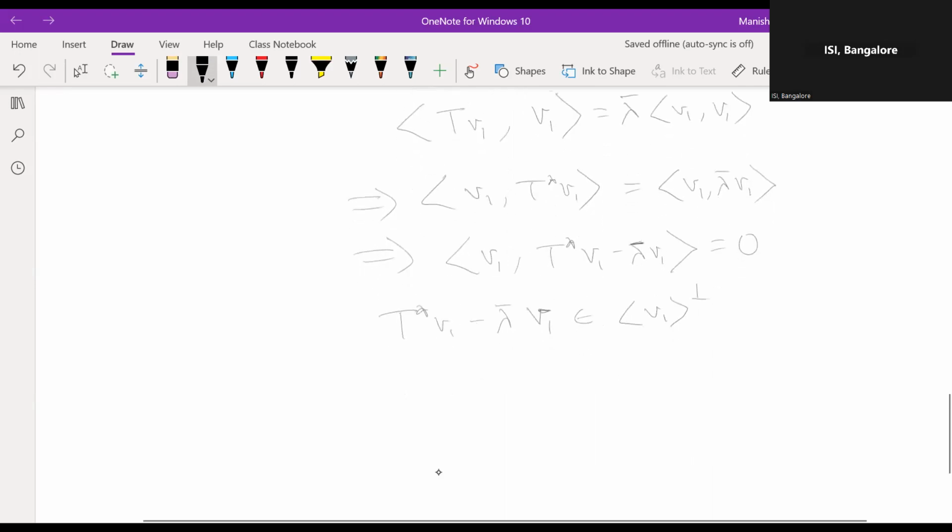I want to claim it is zero, but of course it belongs to V1 perp, and I also want to argue that it's a multiple of V1. So why is that? It's also in V1.